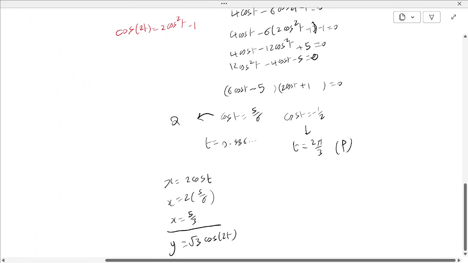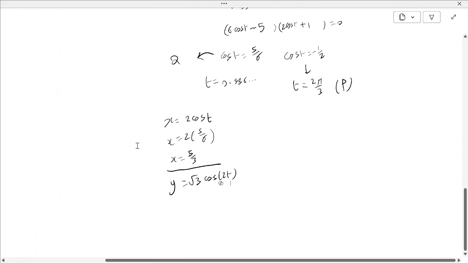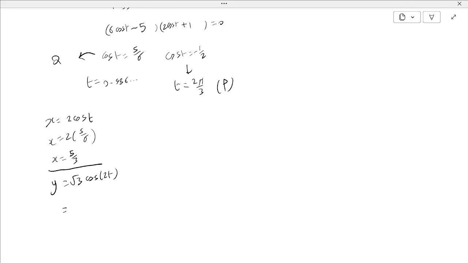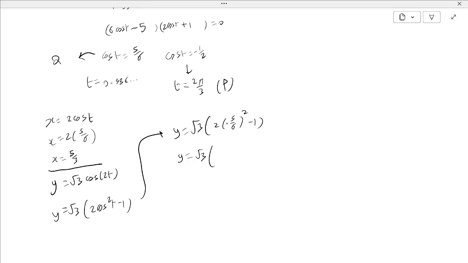Given that I know that cos t is 5/6, you can find exactly what cos 2t is using the same identity we did earlier. Cos 2t is 2 cos squared t, take away 1. So 2 times, now cos t was 5/6, squaring it, and then taking away 1. Multiplying this through, you can use the calculator now. This is 25/36 times 2, so 25/18, take away 1 is 7/18.